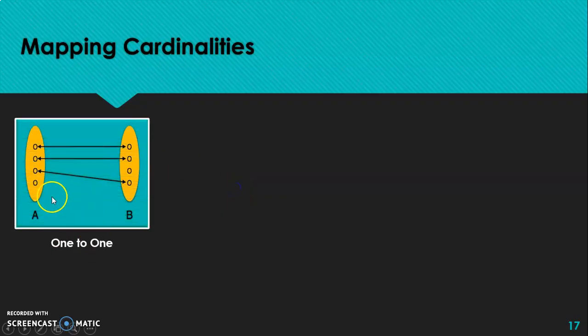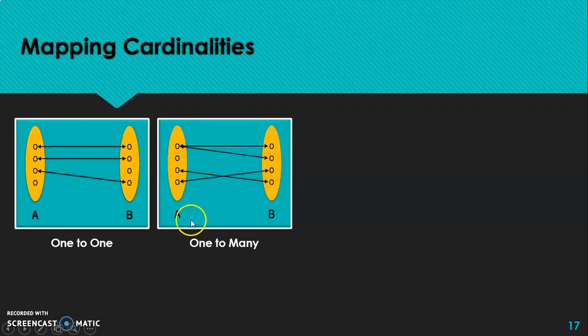One to one indicates that one value of A is associated with only one value in B. So there is a one to one mapping. Similarly, we have one to many, which means one value is associated with more than one value. So here we can see one value is associated with more than one values.